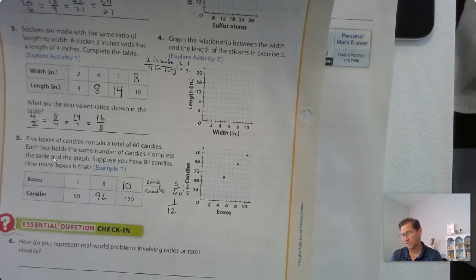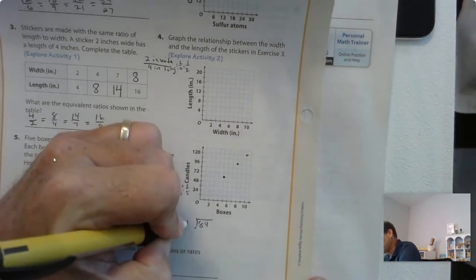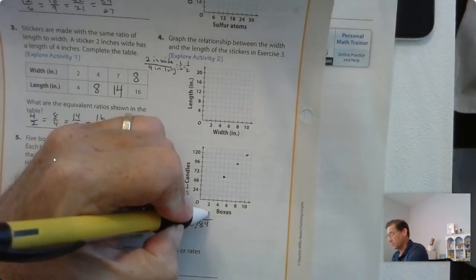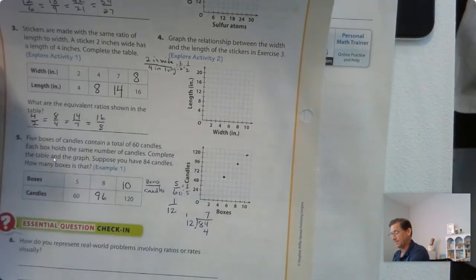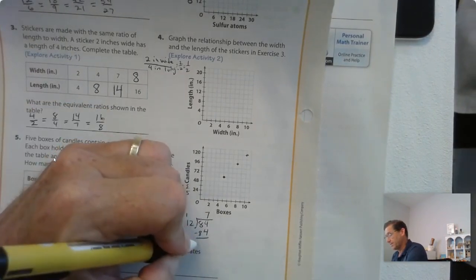All right, so the question then on number 5 is, suppose we have 84 candles. How many boxes is that? Well, remember, it's 1 to 12. So 84 candles divided by 12 will tell me the number of boxes. Well, 7 times 2 is 14. Carry the 1. 7 times 1 is 7, plus the regrouped 10.